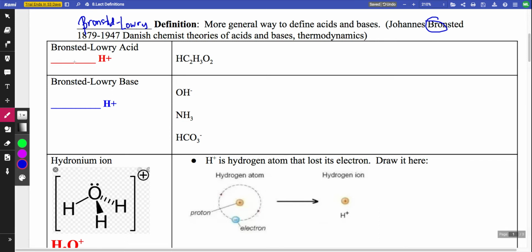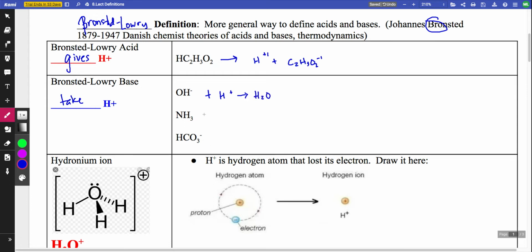In this definition, the acid gives the H plus and the base will take the H plus. For example, this gives H plus with the acetate ion, -1, +1. This base will take the H plus and become water.